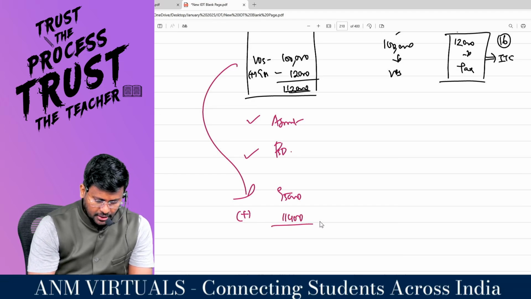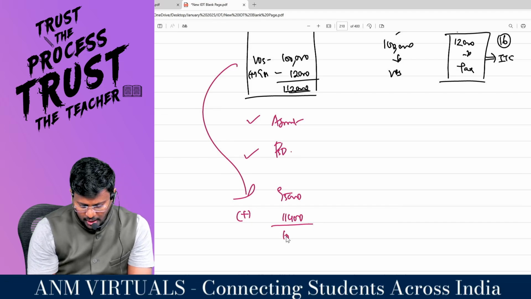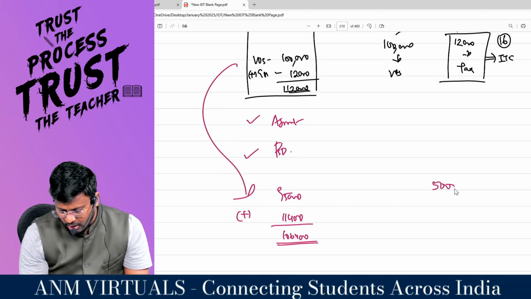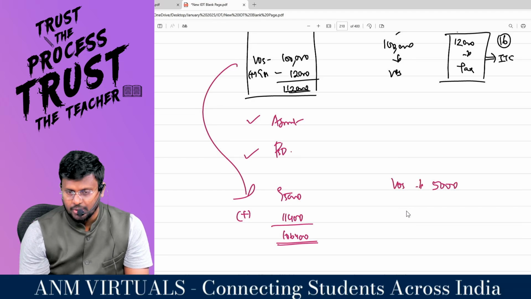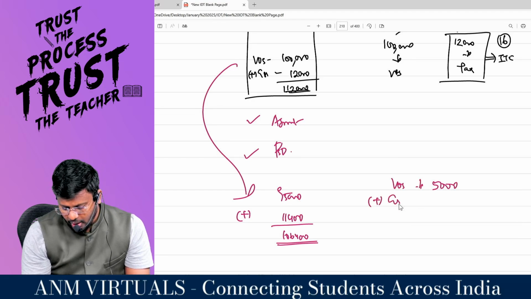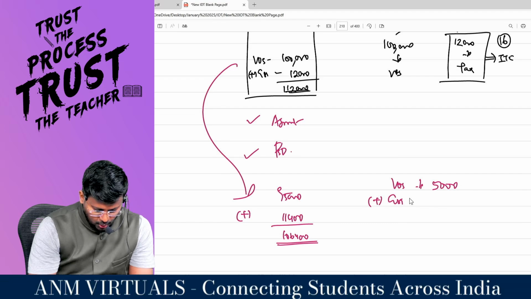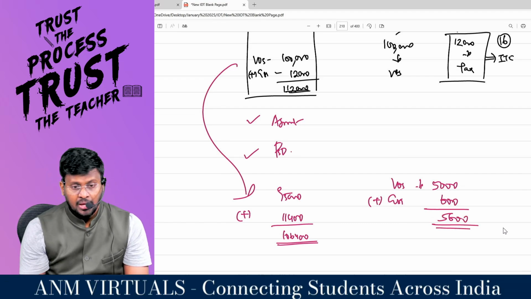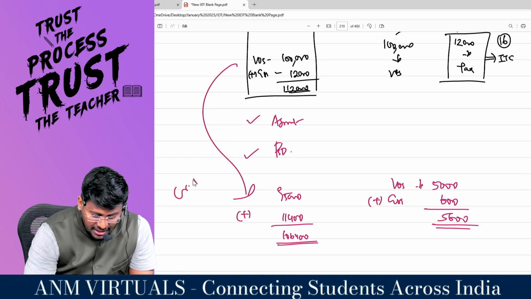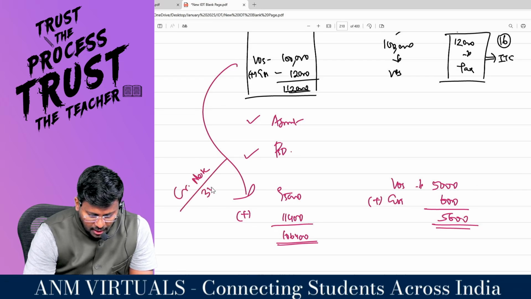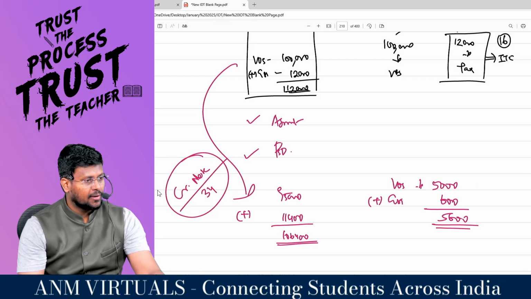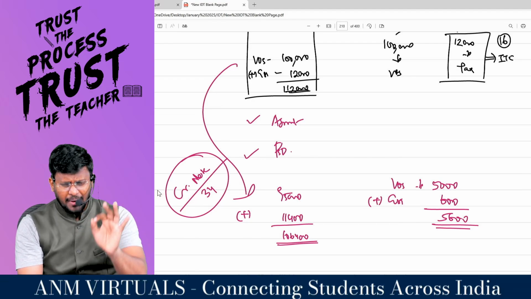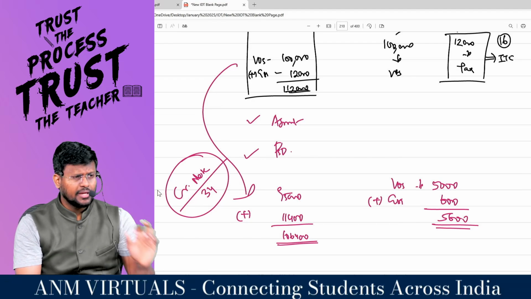So 95,000 plus 11,400 comes to 1,06,400. That means I am going to reduce the value of supply by 5,000, and GST, 5,000 into 12%, comes to 600. So I will pass a credit note under section 34 to you. If I pass a credit note, the value of supply decreases. If I pass the credit note, the tax component decreases.